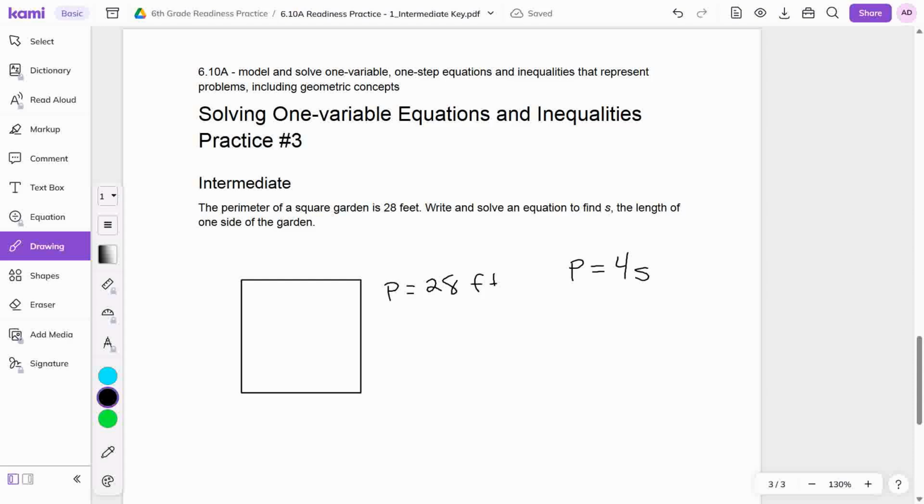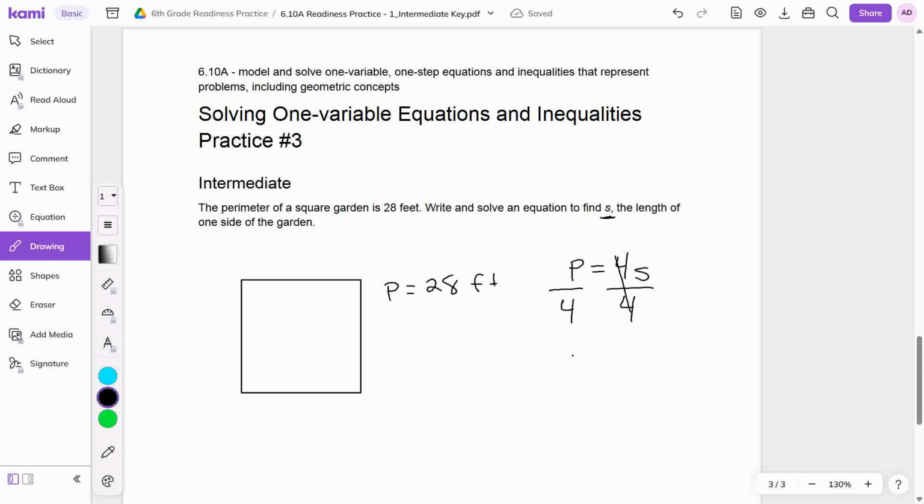Well, let's use our properties of equality. If I want to find s, that means I've got a 4 multiplied by s. So I need to think inverse operation. What's the inverse of multiplying by 4? Well, it's going to be dividing by 4. If I divide by 4, then that's going to cancel that out, right?